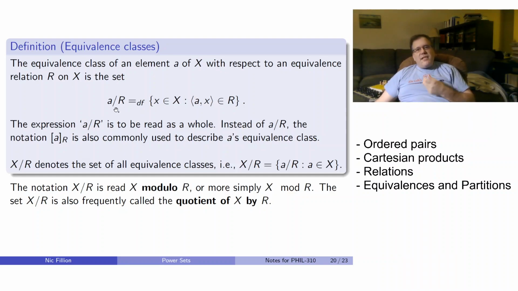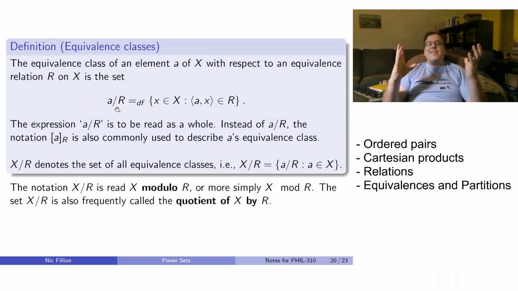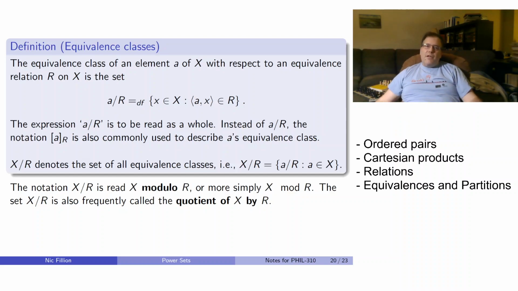And it's meant to be read as the set of objects equivalent to A under R, or the set of objects that are in the same cluster as A, right? So that's going to be the set of objects in X such that A relates to X, basically, right? So that set here is the set of all objects that A relates to.